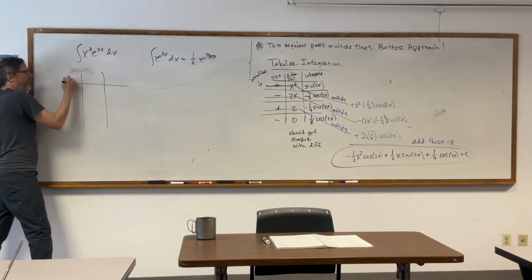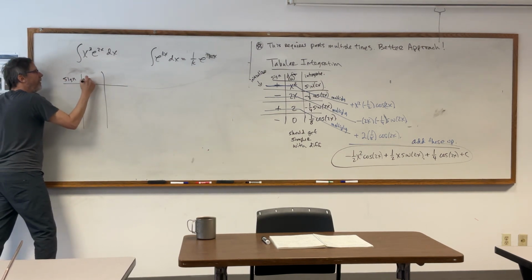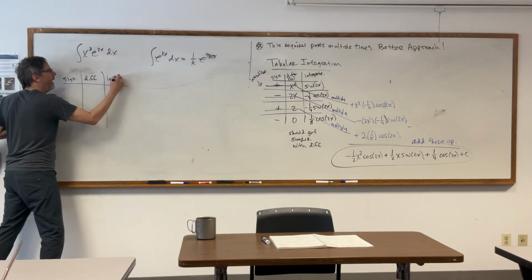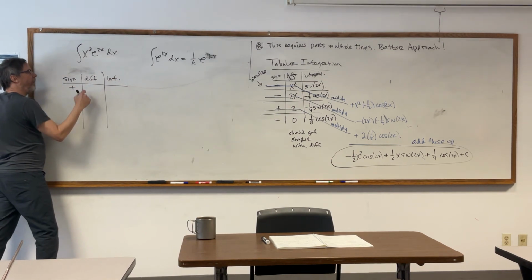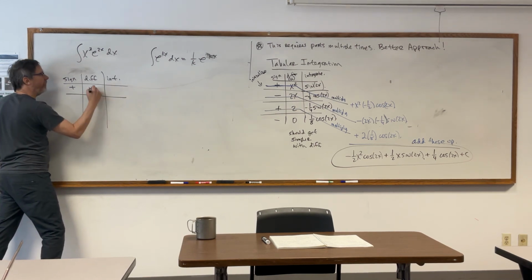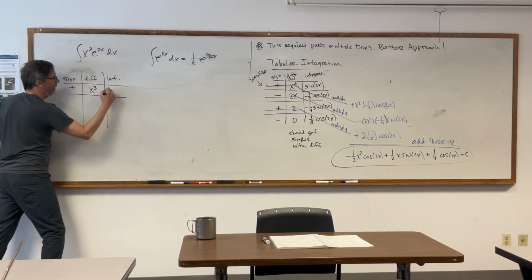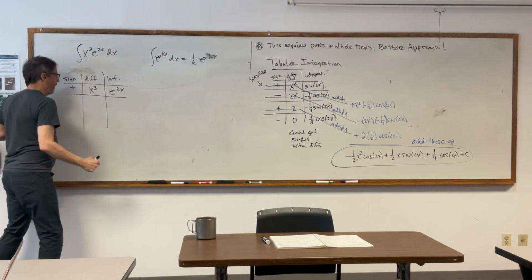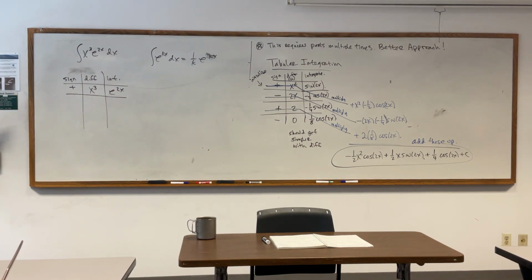You don't even have to put these titles on here once you know, but let's do it for today. Plus, what am I going to put in the middle column? X cubed, because that will become simpler. This will never get simpler. All right, go forth. See, now you just integrate at a speed you never knew was possible by hand.